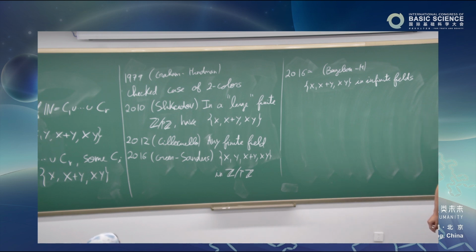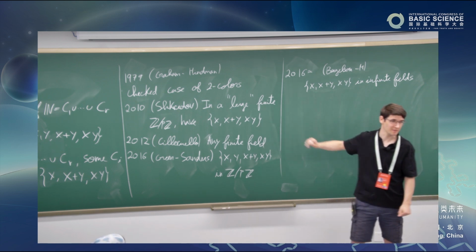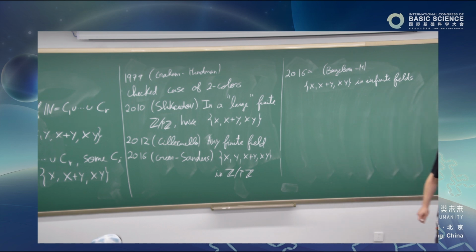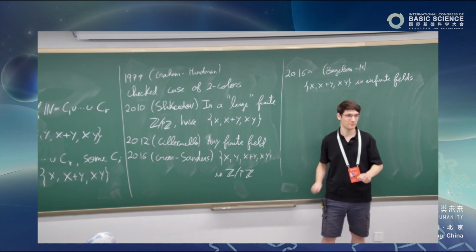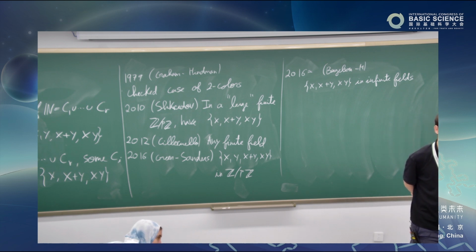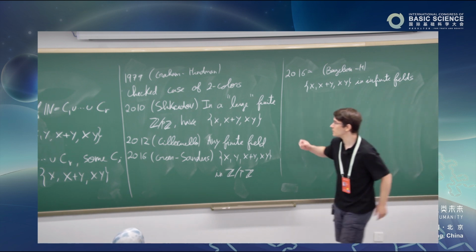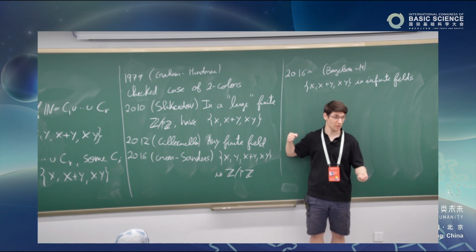No, so no non-trivial things. Not 0, not 1, and not 2. You tell me how many colors you want to use, and then if the field is large enough, depending on the number of colors.